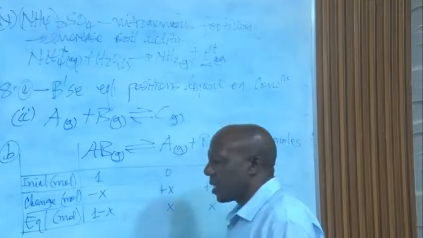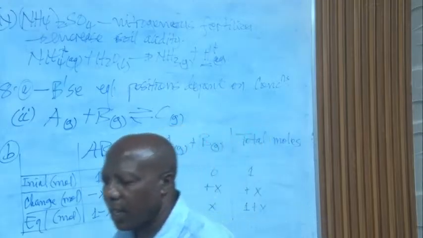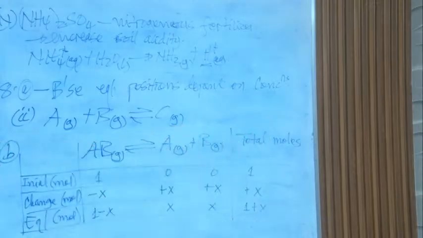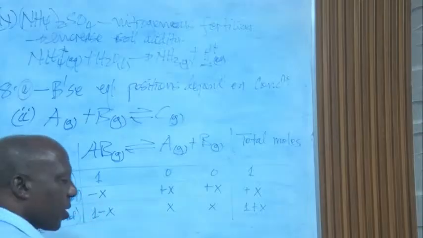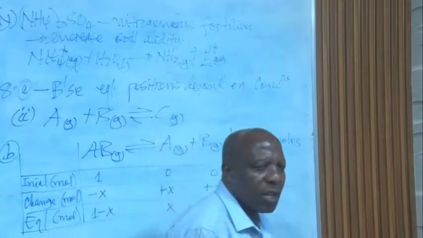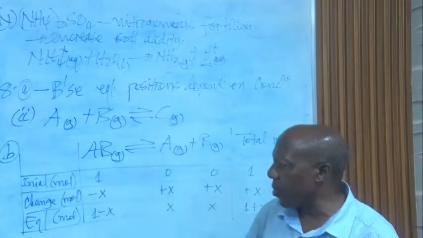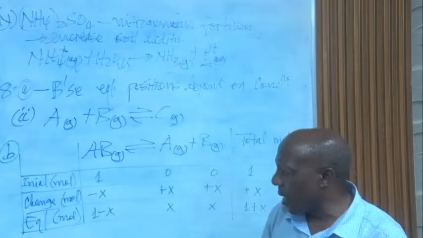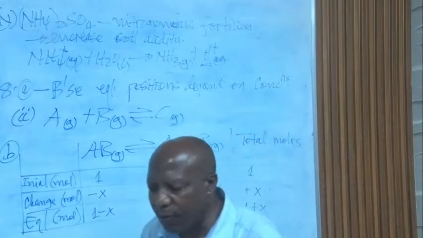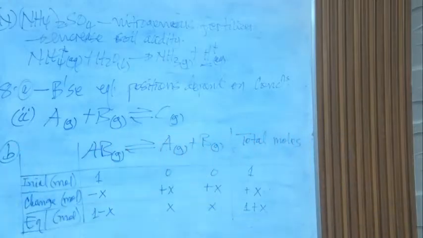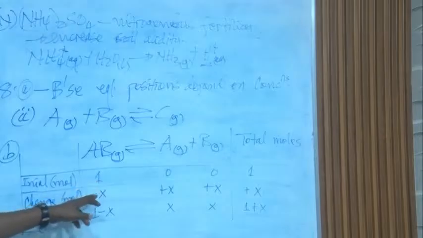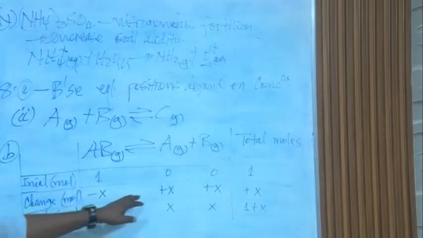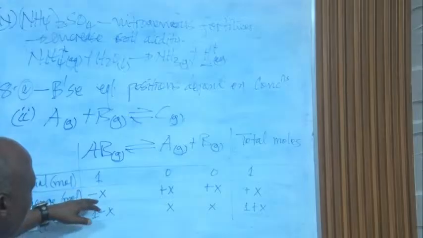You can start with any number of moles. It can be 1 mole, 0.5 moles, 5 moles, 100 moles. But here we decided to start with 1 mole. Now the question says 1/4 of AB, so 1/4 of the 1 mole initially present dissociates.